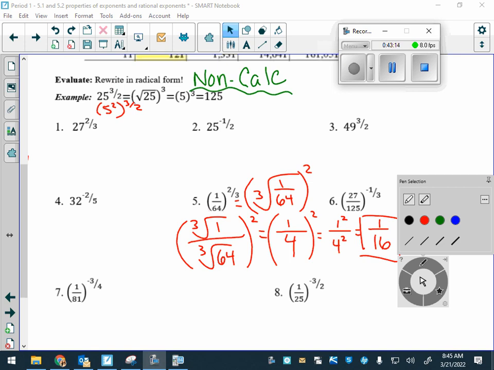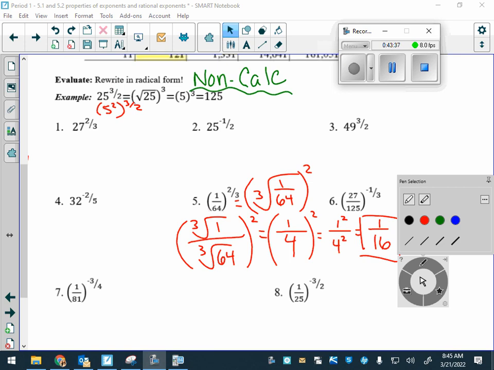Okay, then number 8. What do we have for an answer? Mia? 125. Same thing. Square root 1 over 25 eventually to the negative third. Square root of 1, square root of 25.